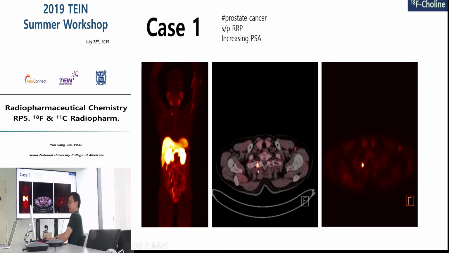From the transaxial image you can see a bone metastasis involving the T-spine, and we could also identify a skull metastasis. So this patient was reported as a recurrent bone metastasis.